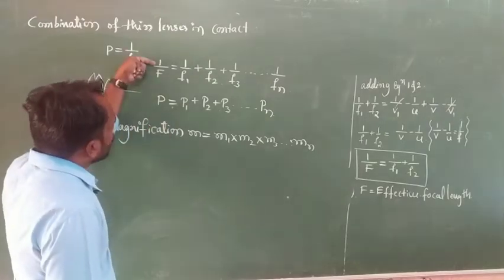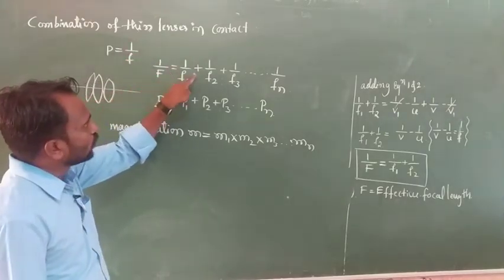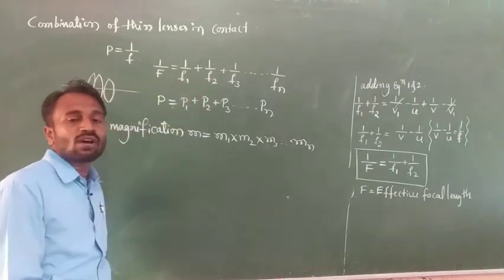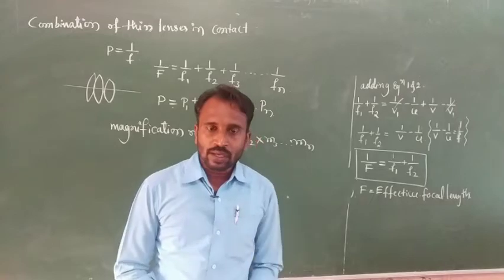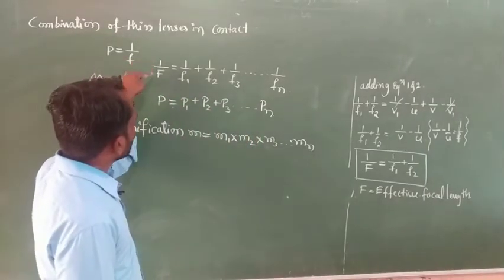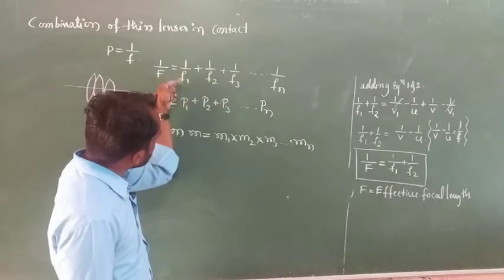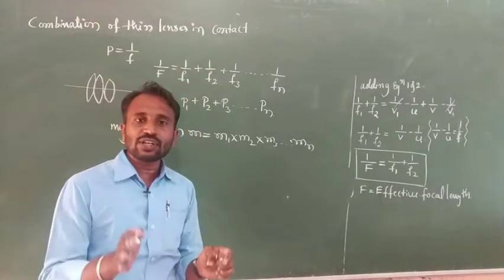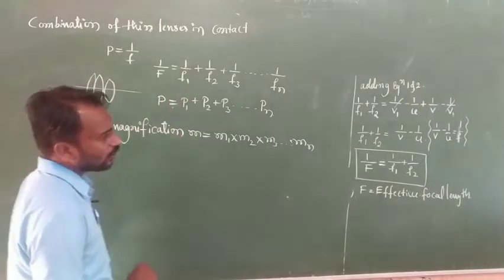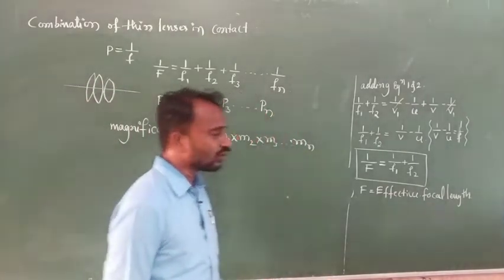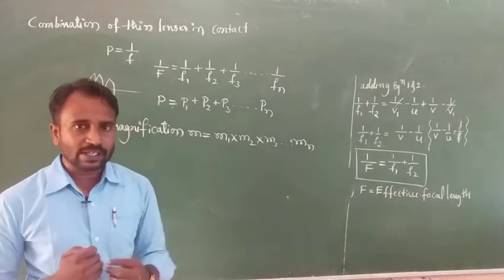Because the reciprocal of the effective focal length is equal to the sum of the reciprocals of the focal lengths of the individual lenses. So if F is the effective focal length, as the combination increases, the effective focal length value decreases.